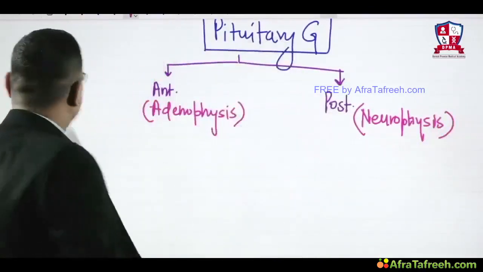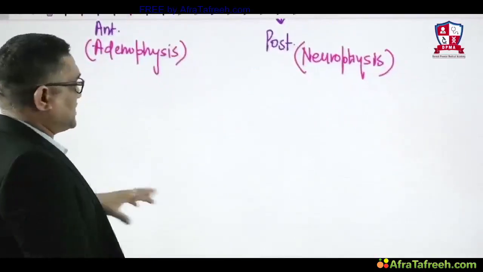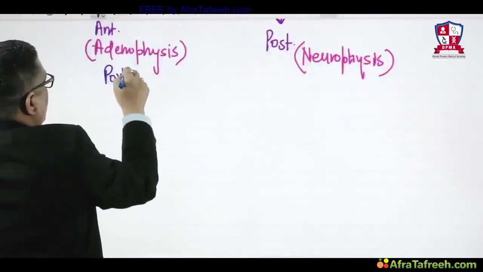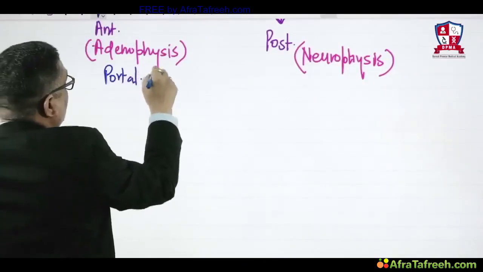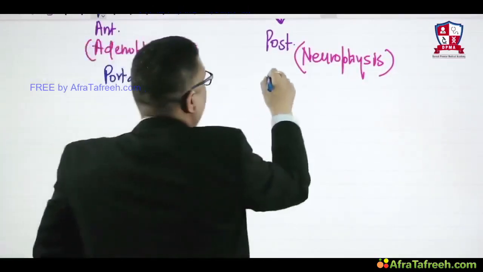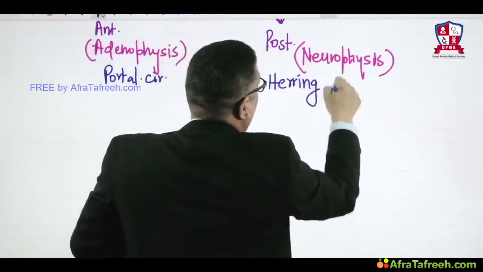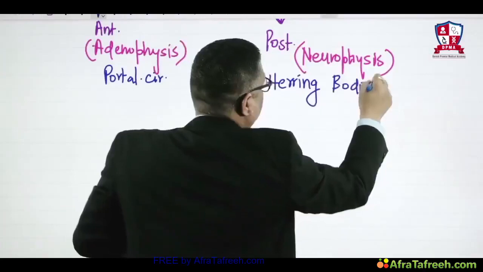Herring bodies will be present in the posterior lobe. In the anterior lobe, circulation of hormone is through neurons and portal circulation, whereas in the posterior lobe, it is through the terminal endings of the neurons, which are called Herring bodies.